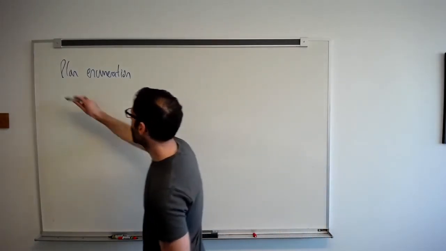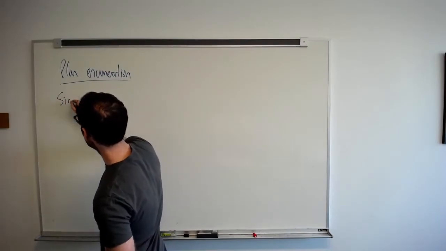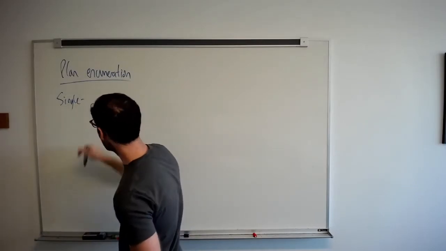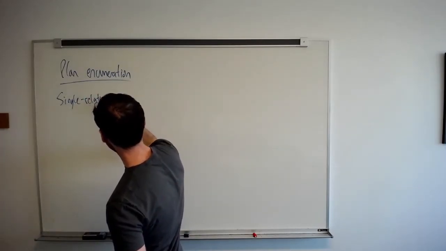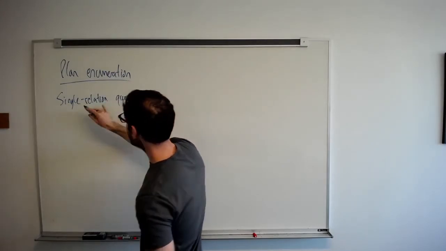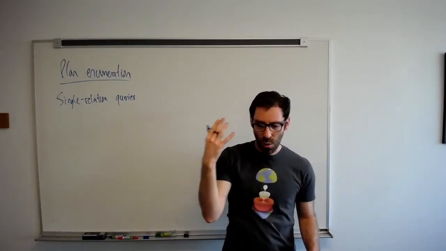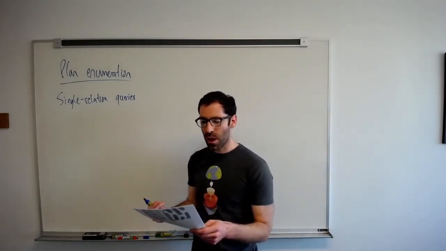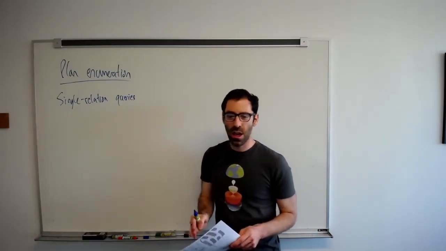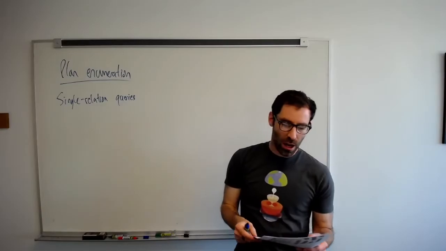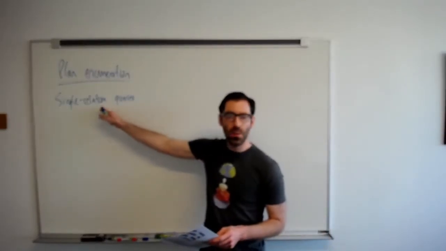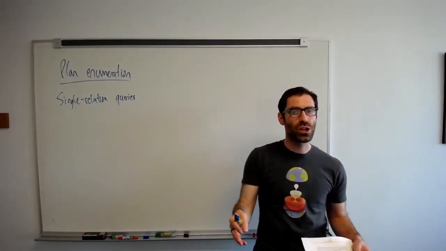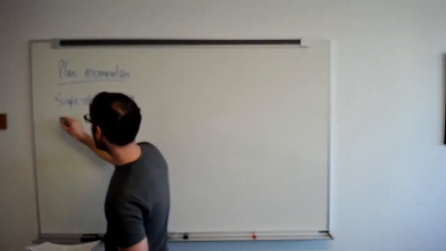So for single relation queries, meaning we have a query that just involves a single table, there's no joins, just data from a single table, newer database systems will do this simply with heuristics, with rules, rather than doing a full plan enumeration, cost estimate, and so forth.